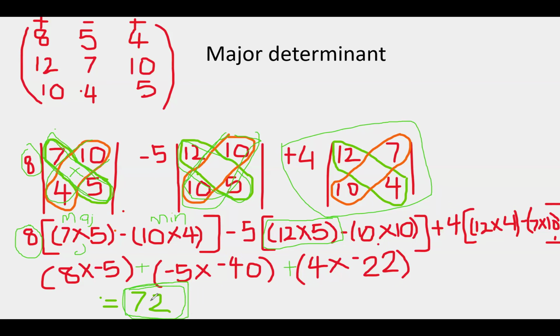Okay? So just so that I don't lose anyone at this particular point, I'm going to entertain 3 to 4 questions, because this is a very crucial point to understand. Once we fail to understand how we obtain the major determinant, it will be very hard for us to attain the value of x, the value of y, and the value of z.